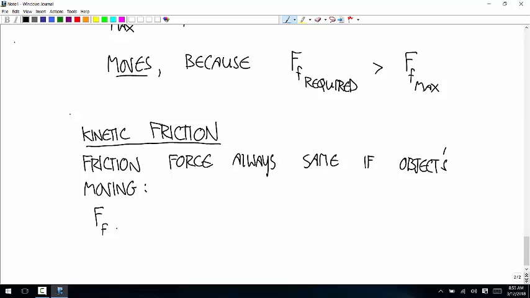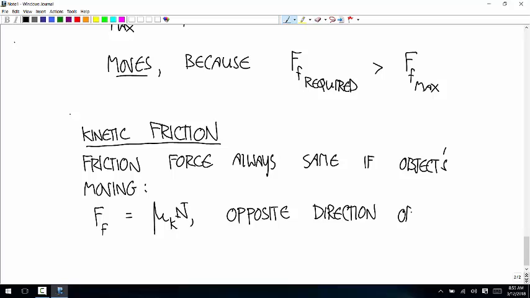The force of friction is the coefficient of kinetic friction times the normal force, and the direction is opposite the direction of the velocity, opposite the direction of motion. You don't have to worry about a maximum and if what you have is possible and all that. You just do that calculation and you're done.